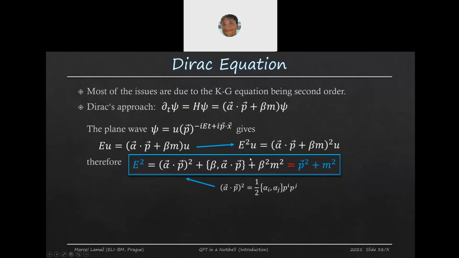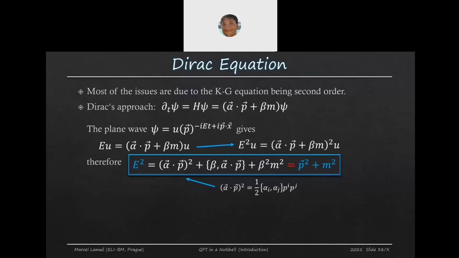By the way, this can be simply rewritten with the help of a commutator. This first square: if you write the scalar product, that is simply alpha_i times p_i, right, assuming the Einstein summation. And if we write the square, then there are two of these, so alpha_j p_j.